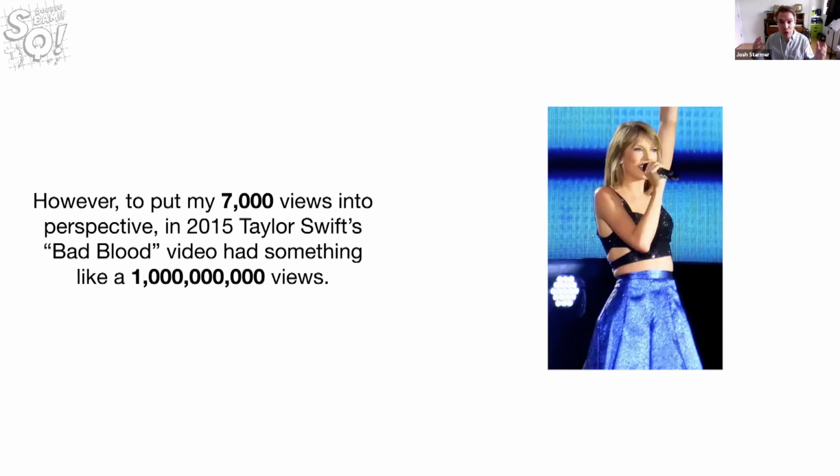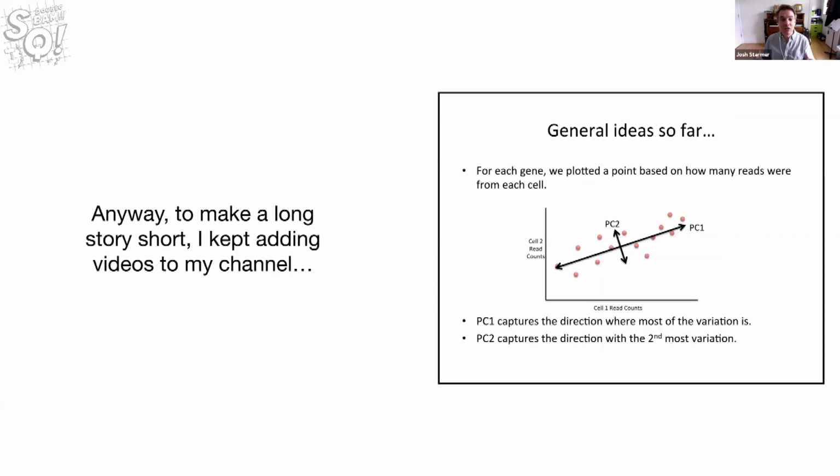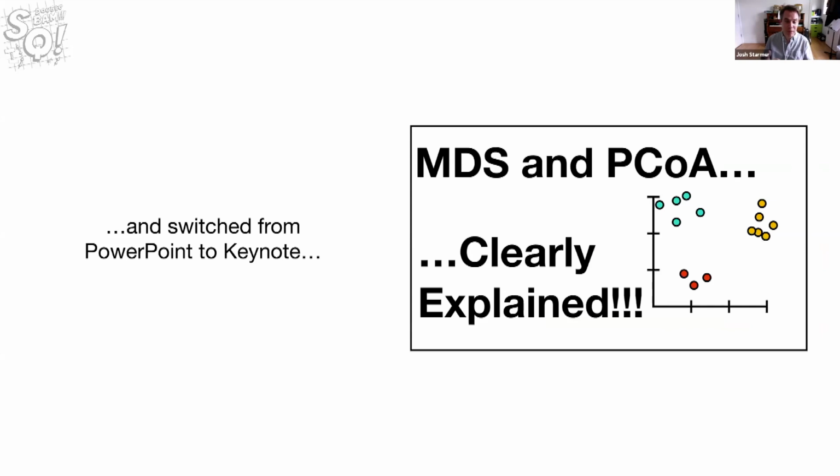However, to put my 7,000 views into perspective, in the same year, 2015, Taylor Swift's Bad Blood music video had something like 1 billion views. Anyways, to make a long story short, I kept adding videos to my channel, and I switched from using PowerPoint to Keynote.